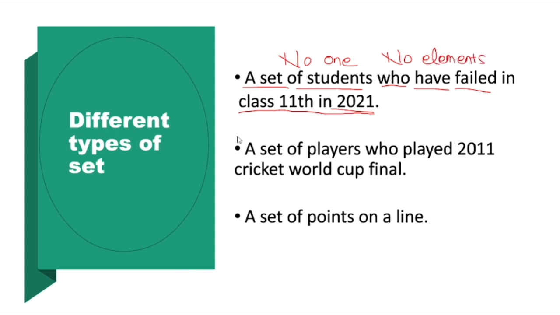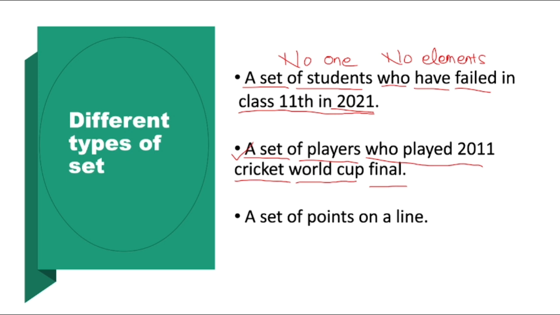Now look at the second example. The set is of players who have played the 2011 Cricket World Cup final. As you know, in 2011 India won the Cricket World Cup.